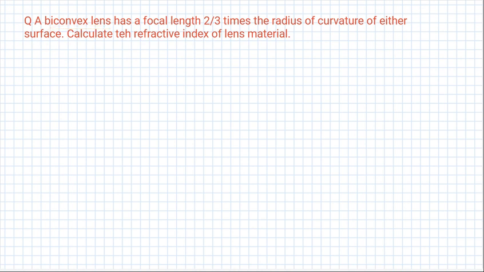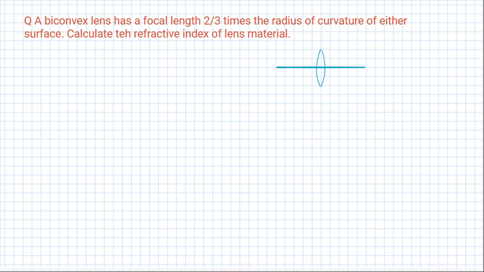So let me draw your biconvex lens first. Now this is your biconvex lens and this is the principal axis. Now let's highlight the important points which are given in the question.